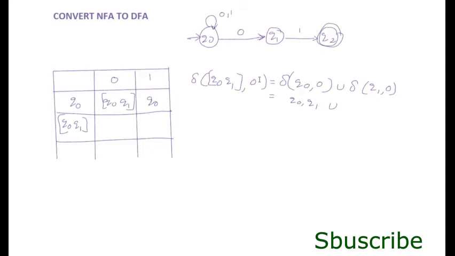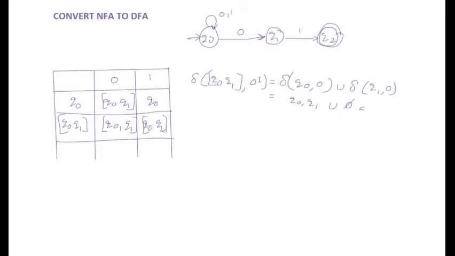There is no Q1 on 0 defined in the given NFA, so it is phi. So finally we got Q0, Q1. Similarly, we need to write Q0, Q1 on 1 as Q0 on 1 is Q0 union Q1 on 1, it is moving to the state Q2.